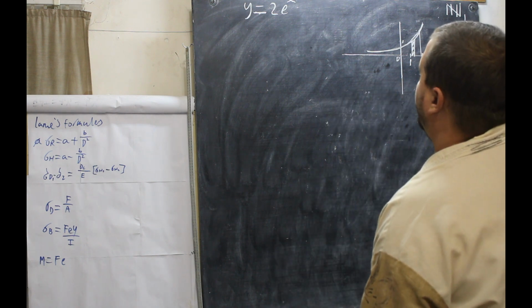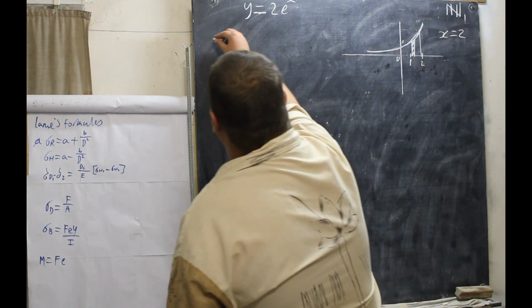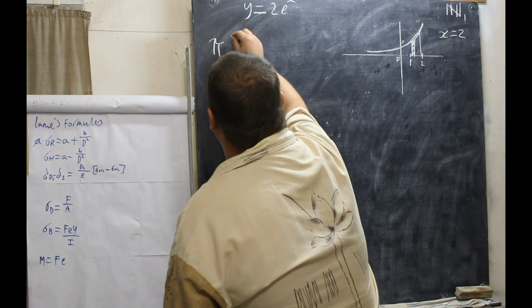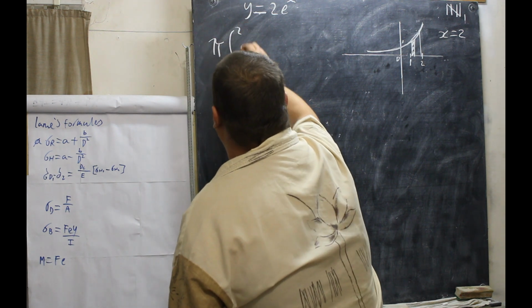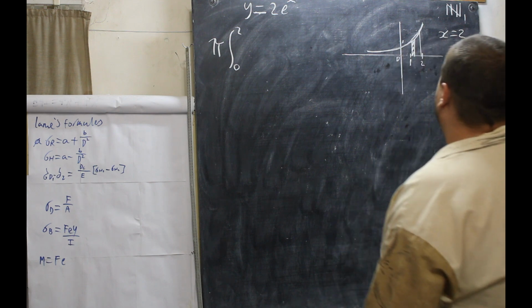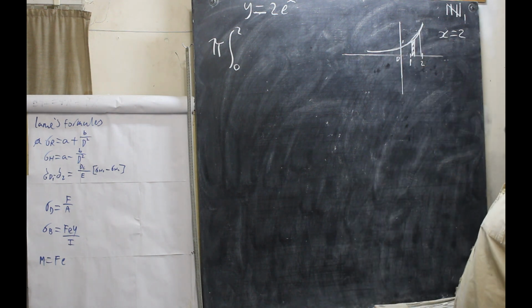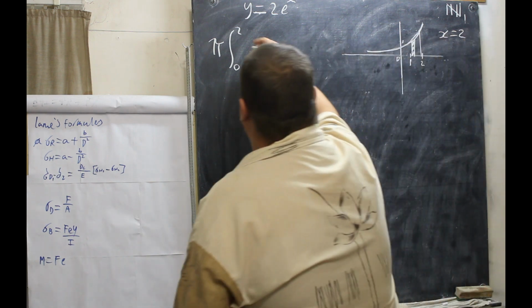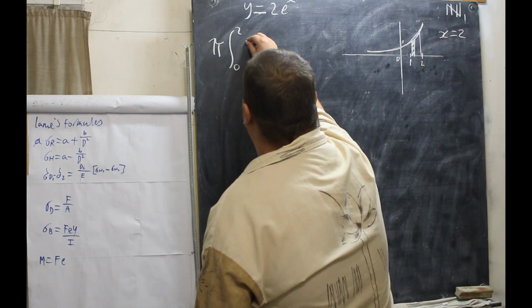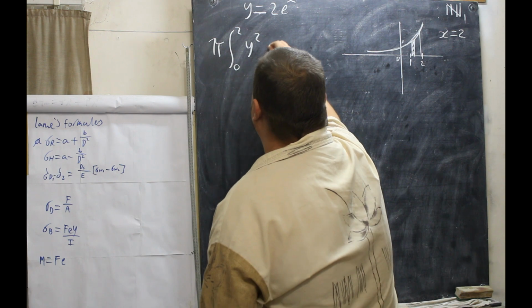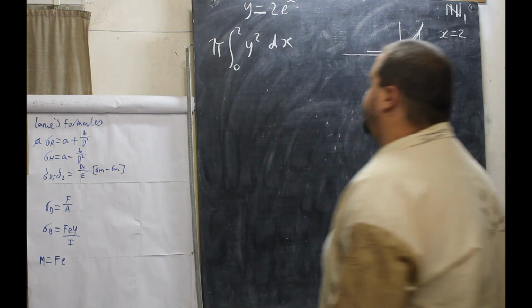So they want the volume. So volume is pi, the integral of our limits, which is, if you paid attention, 2 and 0, of y squared dx.